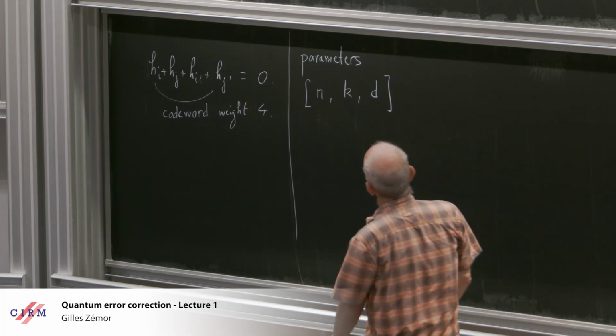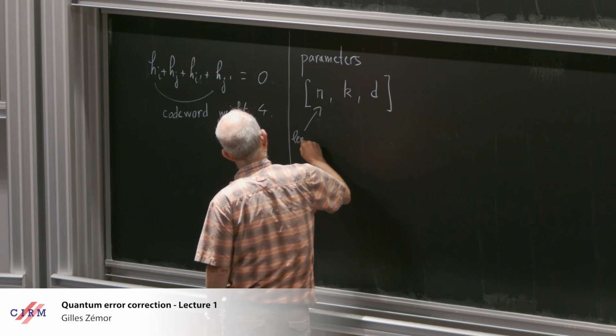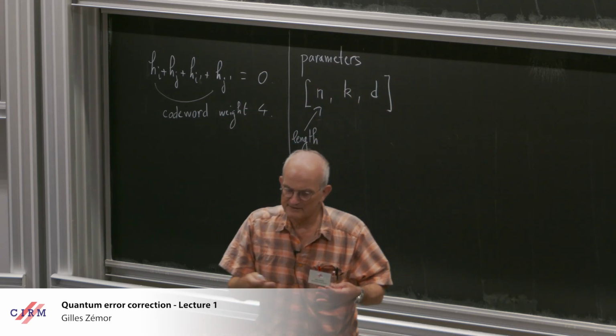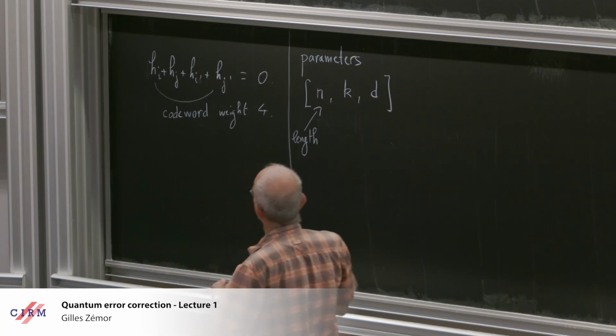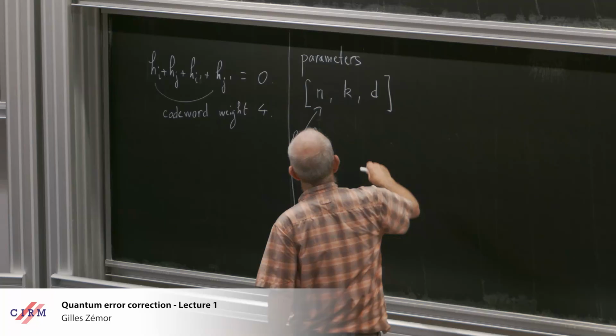It's only 3 numbers. So this is the length, n. It means you're in the ambient space F2 to the n. You're dealing with n-tuples.